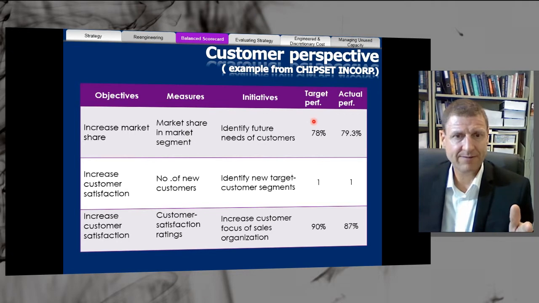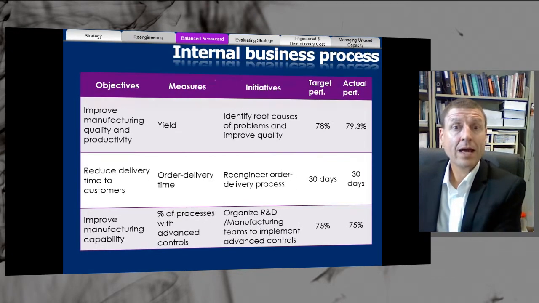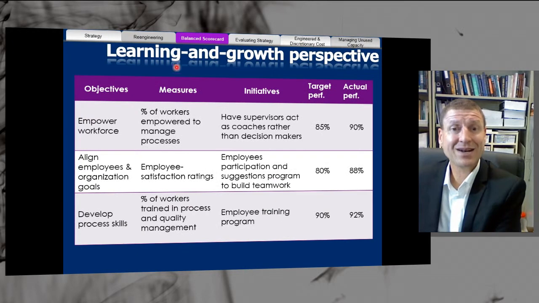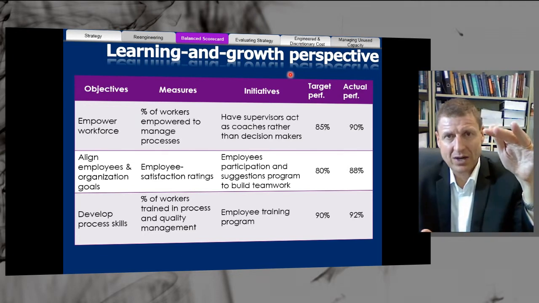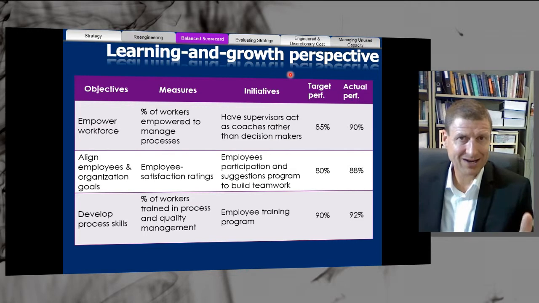So here we have the customer perspective, the internal business process perspective, and the learning and growth perspective. So basically these slides here sort of expand on that one big slide I have shown and gone through with you earlier.